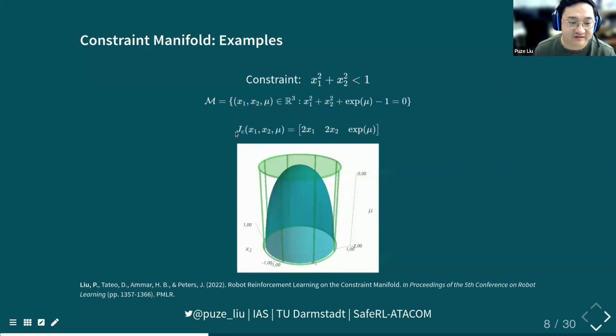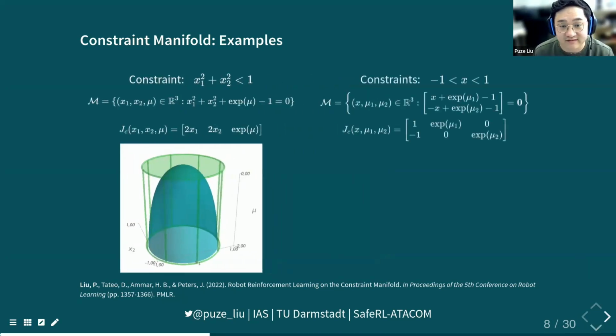So this ensures that our Jacobian also has a constant rank. The figure illustrates that this blue parabolic surface is the constraint manifold that we have constructed. All of the points on the surface are ensured to stay within this cylinder shape that has a unit radius, a radius of 1.